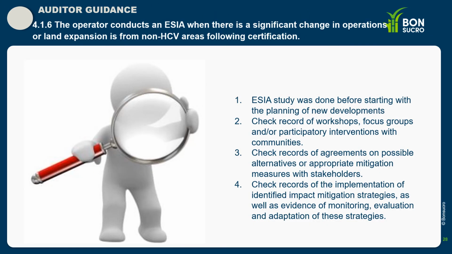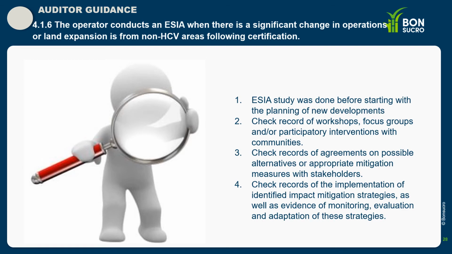Now, from the auditing guidance, it's important to be sure: is there an environmental social impact assessment for new operations or new planting? Yes. How has it been done, what records do we have, what are the results, what are the plans, what are the records of these plans.